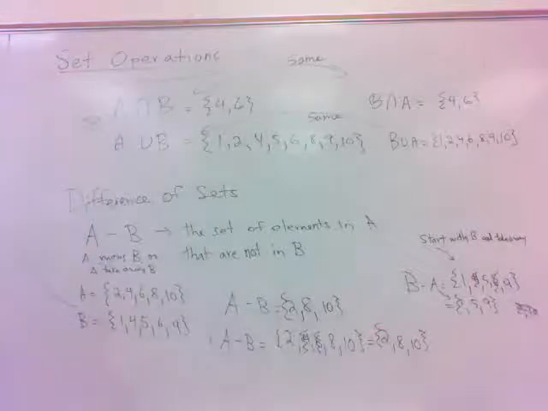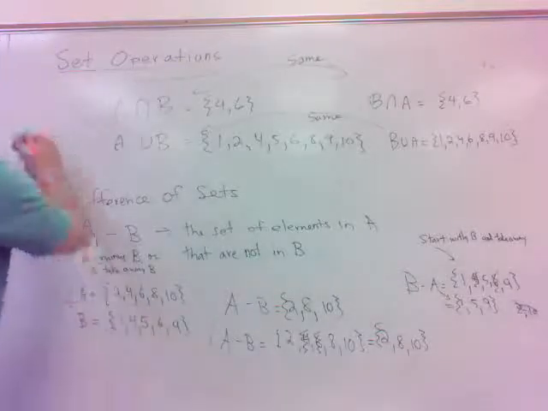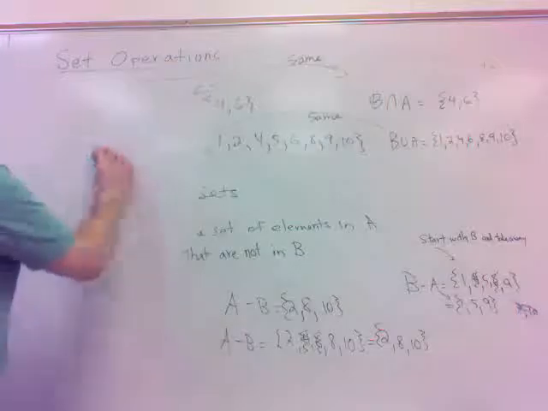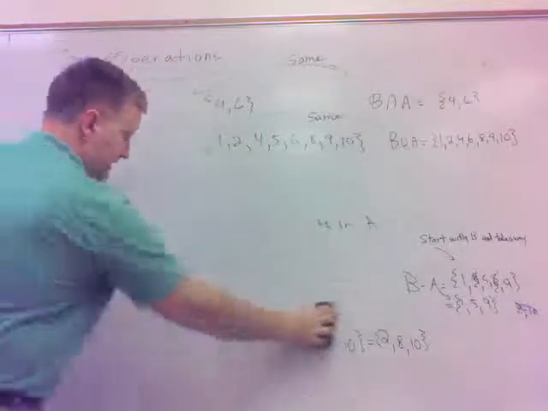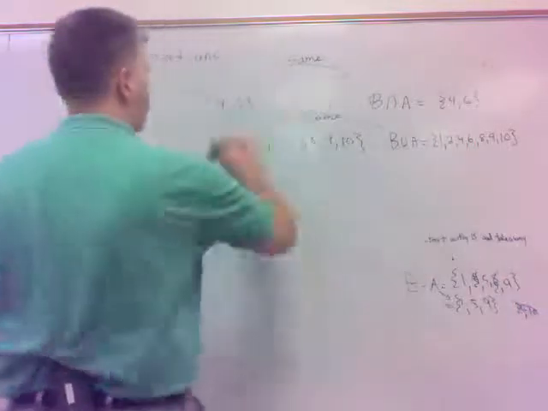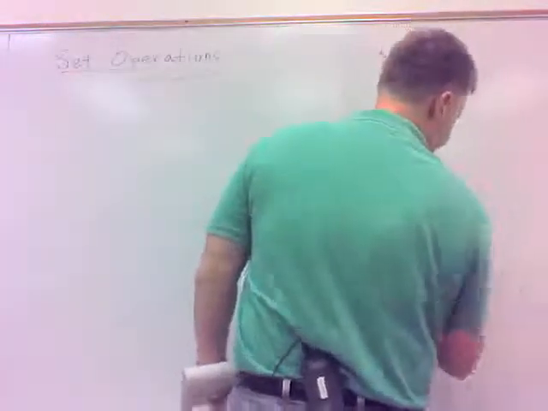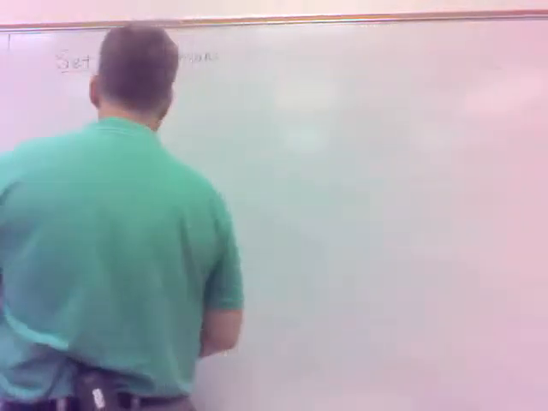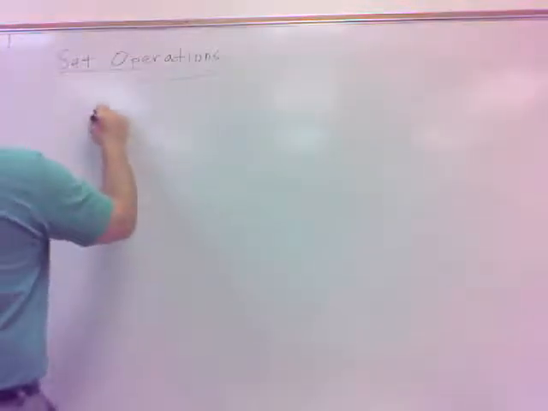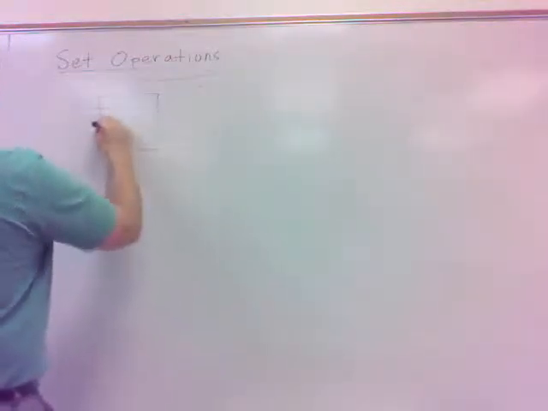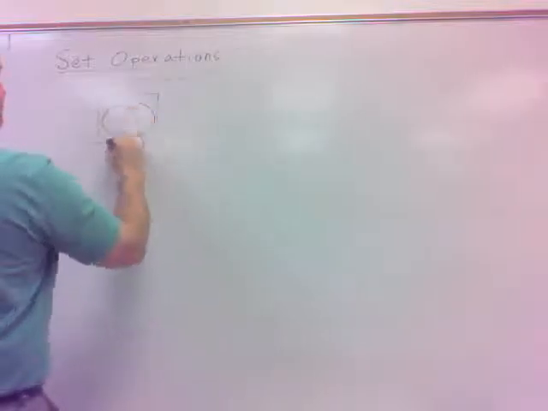Okay, let's go back to the Venn diagrams here real quick. Let's think about intersection and union in terms of the Venn diagram, because we'll do a lot more of this in just a second: we'll shade Venn diagrams for certain sets.